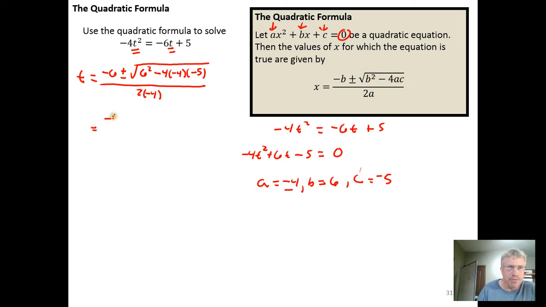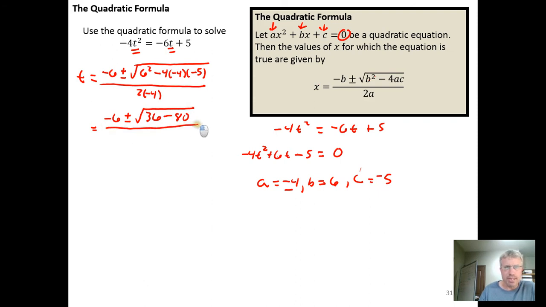So we have negative 6 plus or minus the square root. 6 squared is going to give us 36. A negative times a negative is a positive. A positive times a negative is a negative. So this is going to be minus, and I'm going to have 5 times 4 is 20. 20 times 4 is 80, and then pull my radical over both numbers.